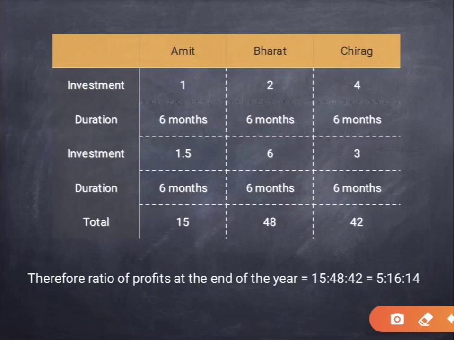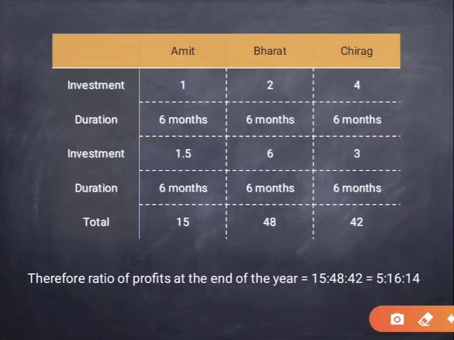Now how can we consider the total investment? What we do is multiply the investment with the duration. Then only we can calculate the share of their profit, because when the durations are different and investments are different, we multiply the investment with the duration and calculate the total investment accordingly.